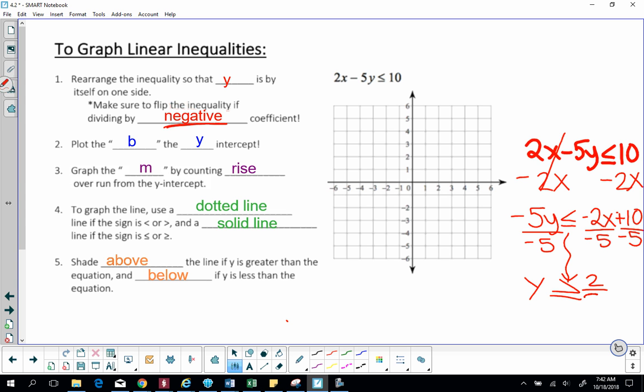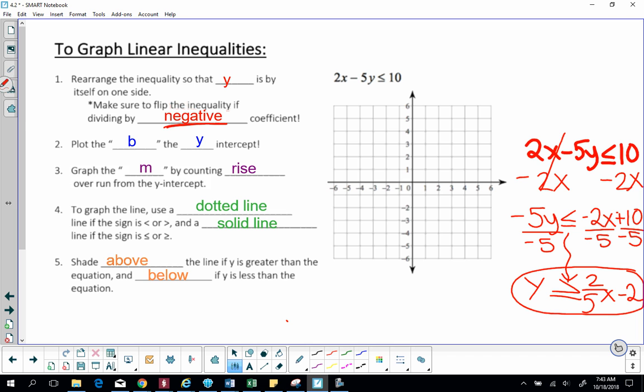So we're going to keep it positive 2 over 5 x. Then what's 10 divided by -5? That's my first step. First step was just to get y by itself.